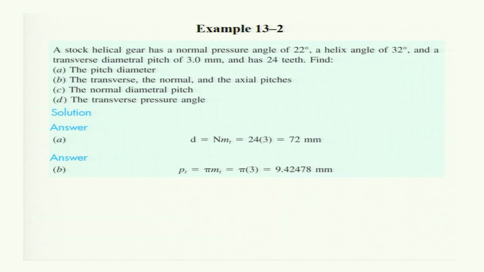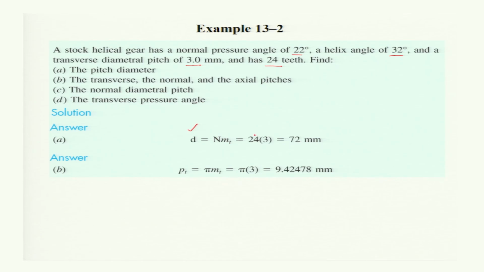This is an example in which, for a helical gear, the normal pressure angle is given, the helix angle is given, the transverse diametral pitch is given, and the number of teeth Z is given. Then the pitch diameter, transverse and normal and axial pitches, normal diametral pitch, and transverse pressure angle are determined. So D is equal to number of teeth multiplied by Mn.